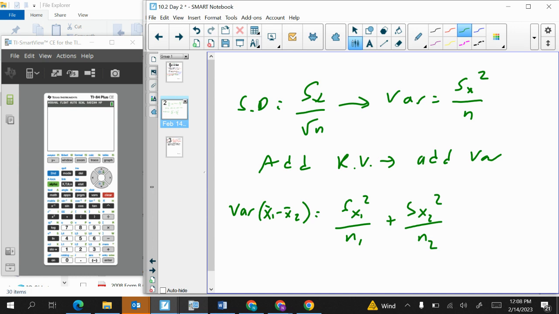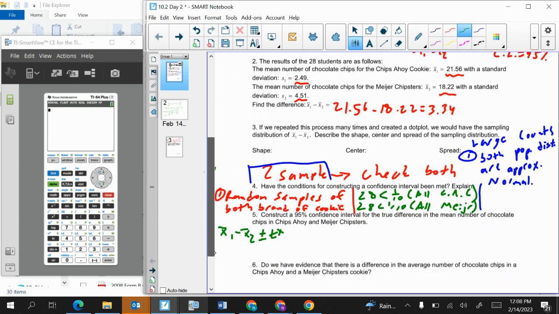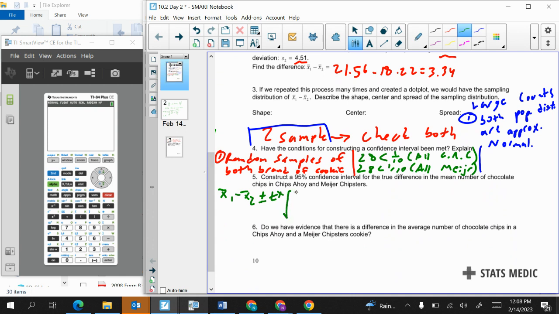Because of that, that's the variance. To get the standard deviation, then I will just take the square root. So that is what I have here. Again, only the s is squared because that n is really the square root of n.